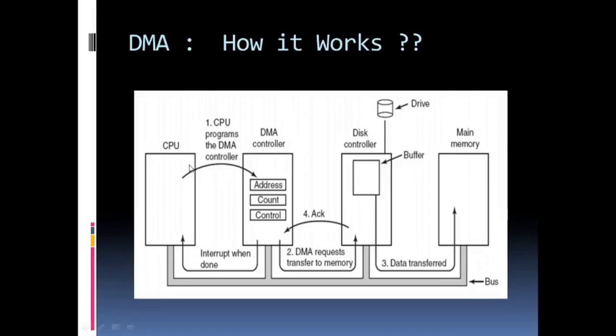Now whenever IO is required, let's take an example that we need some data from the hard disk drive. The CPU will give the DMA instruction that it requires specific data from a hard disk drive, then the address field of that corresponding data, the count of how many bytes or bits of data have to be taken out, and the control unit of the corresponding entity.